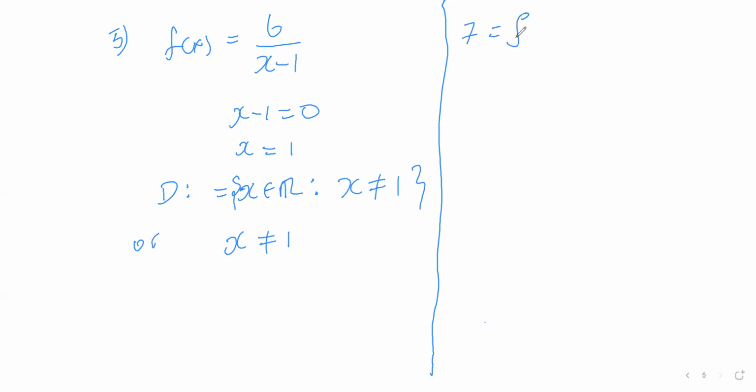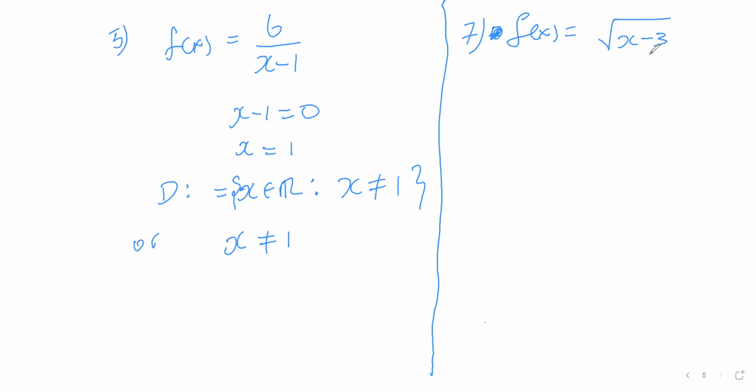All right, let's look at number 7. Number 7 says our f of x is equal to the square root of x minus 3. Okay, again, I'm asking myself, what will make this function not defined, basically?